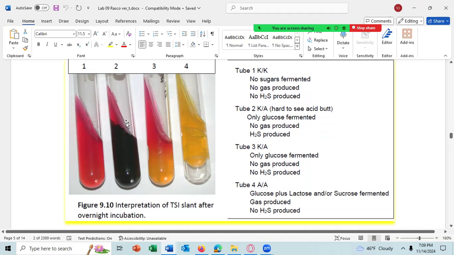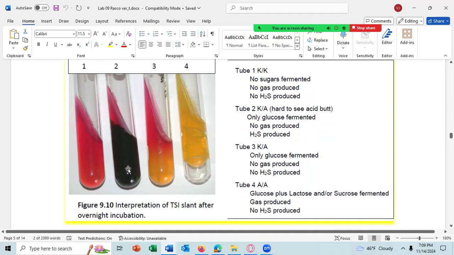Now here, we see that the slant is red. So on tube 2, once again, only glucose is being fermented. And we can't see that the base is yellow, but if the base is black, you can know that the base is yellow.